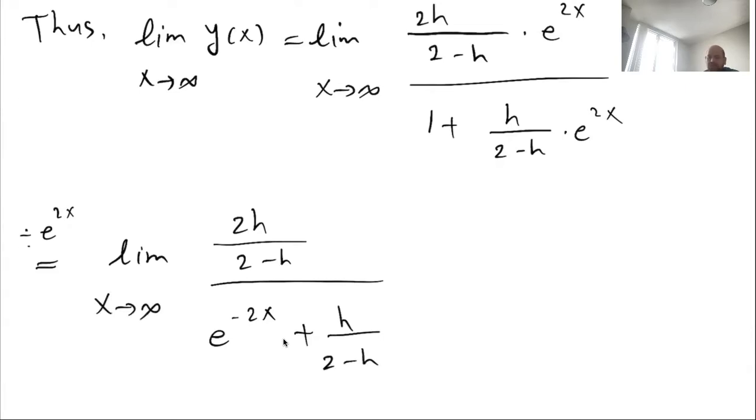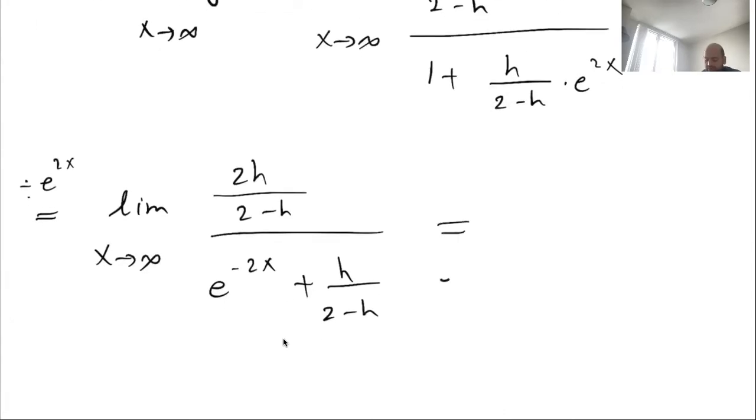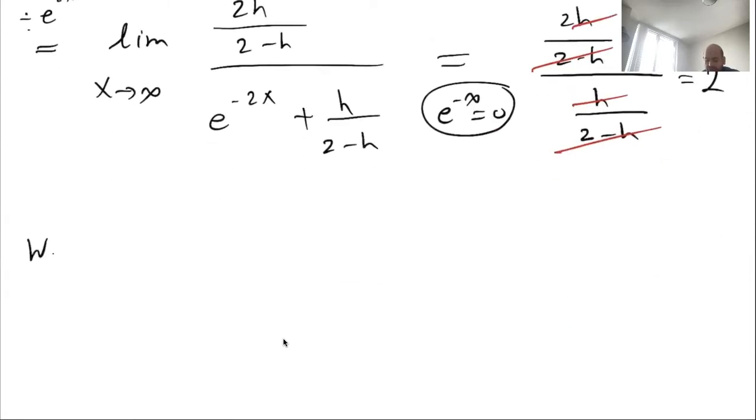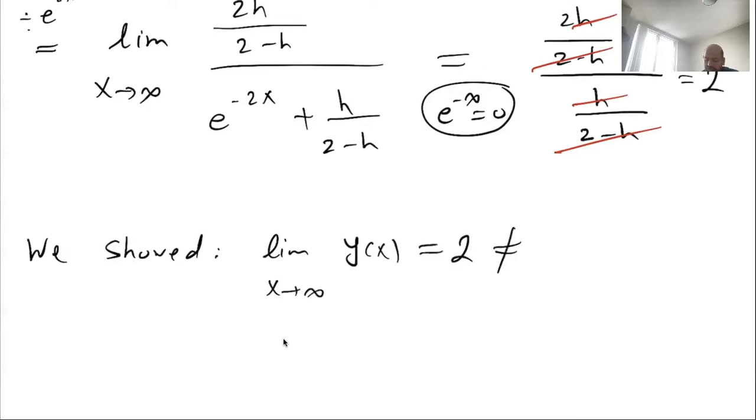Now as x goes to infinity, e to power minus 2x goes to e to power minus infinity. But e to power minus infinity is 0. So then the answer will be 2h over 2 minus h divided by h over 2 minus h. And now 2 minus h cancels with this, h cancels with this. The answer will be 2. So we showed that the limit of y of x as x goes to infinity is 2, which is not 0.